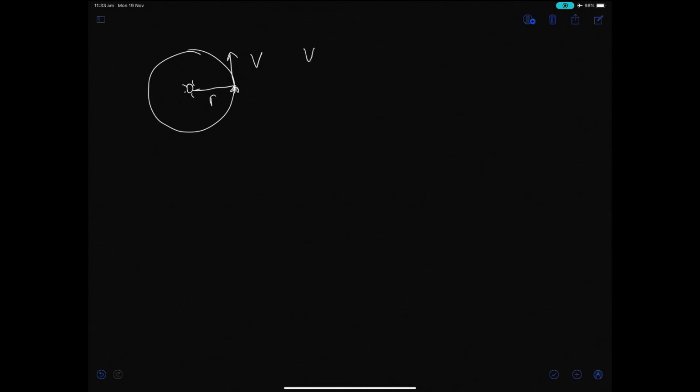Now, as you know, velocity is just the distance divided by the time, and the distance that this thing would cover in one full orbit would be 2 times pi times r, and the amount of time that it takes for it to do that is considered to be its orbital period p. So velocity is 2 pi r divided by p.